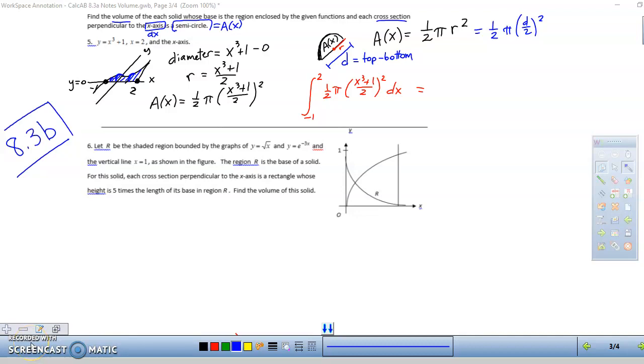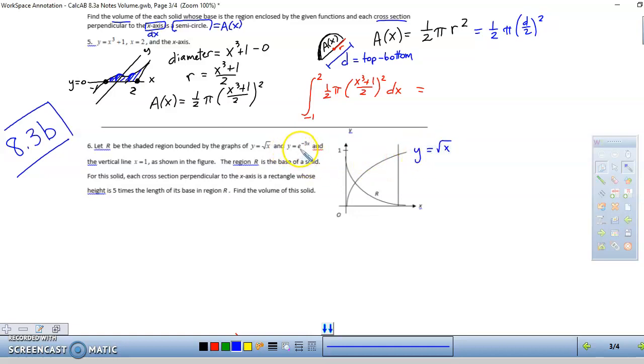Hello. So let's look at these last two examples from the 8.3 note sheets. Here we have this region that's bounded by the graph of y equals square root of x. So y equals square root of x is this guy.